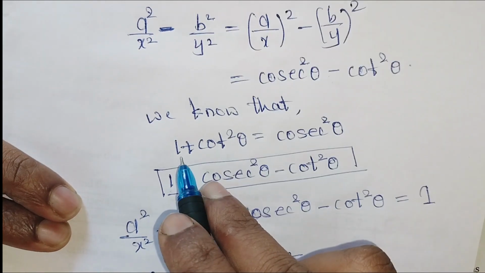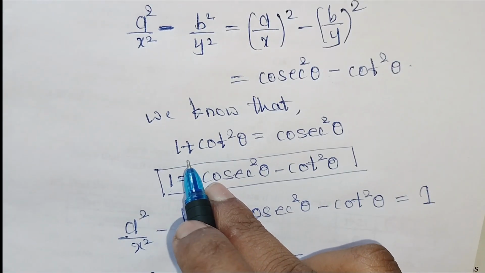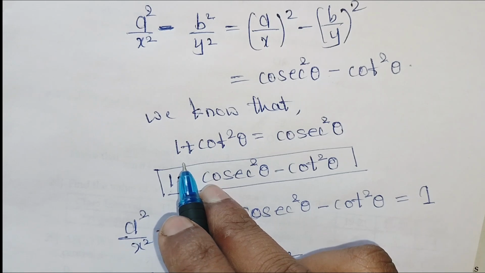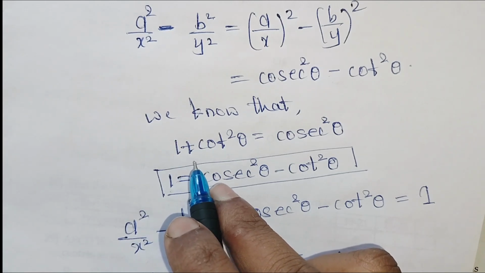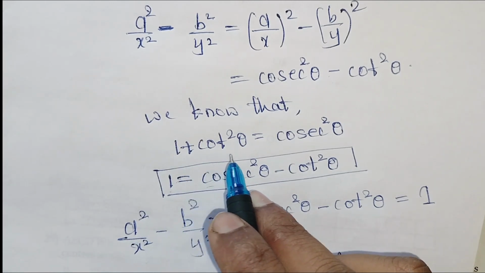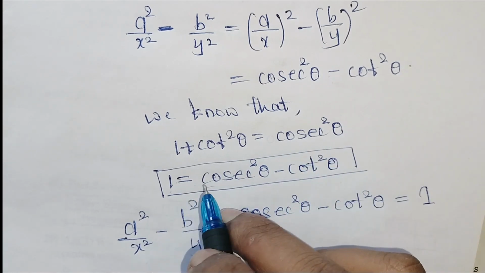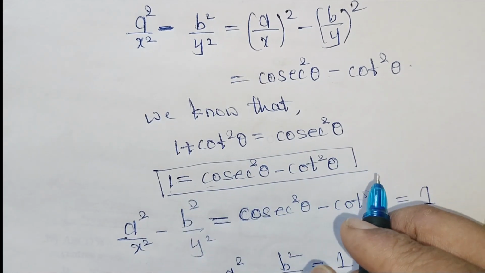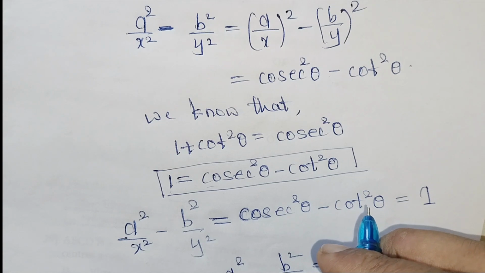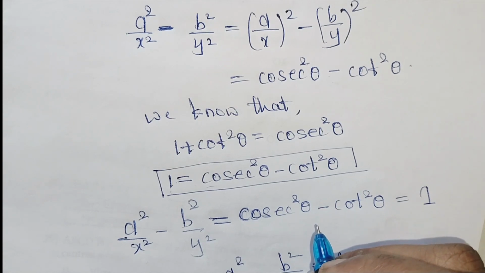There are 3 trigonometrical identities: sin square theta plus cos square theta equals 1, 1 plus cot square theta equals cosec square theta, and 1 plus tan square theta equals sec square theta. These three you have to know, and that helps.